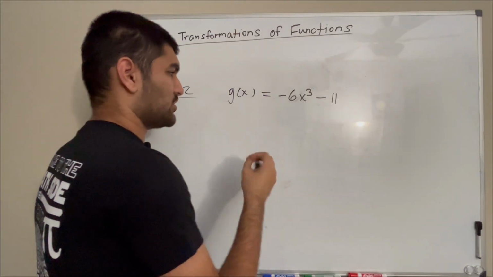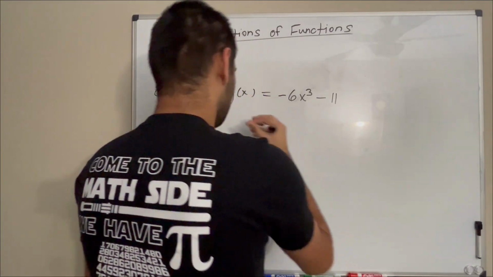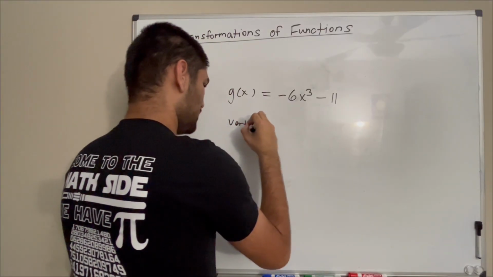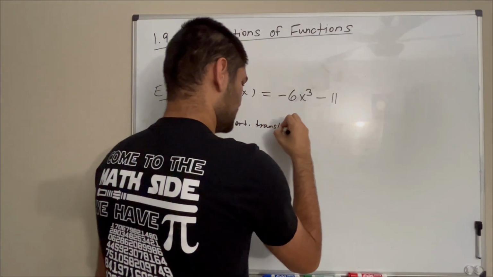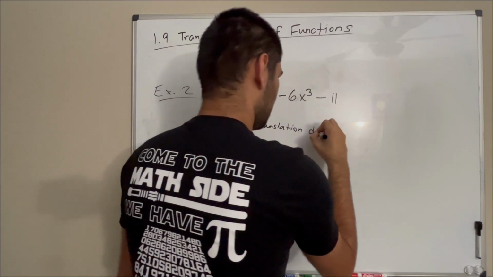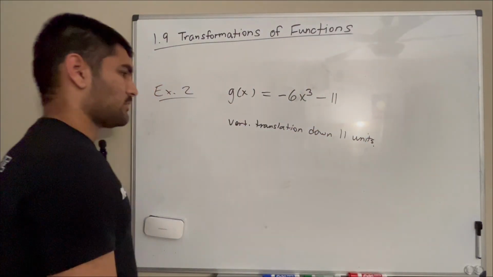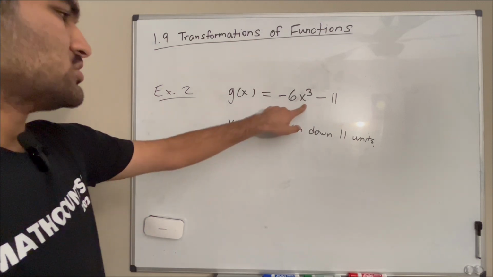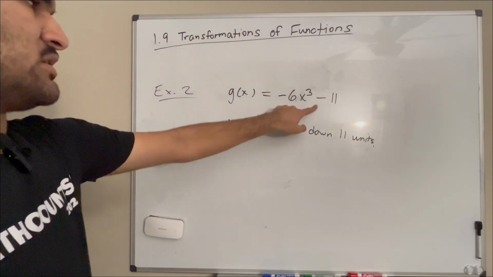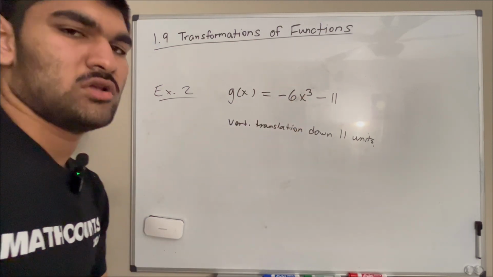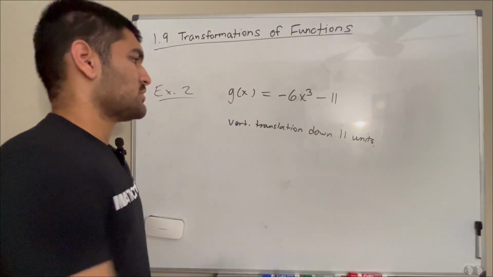Starting with translations, we have a vertical translation, and it's negative, so that means it's down 11 units. Okay. And then horizontal translations, nothing, right? Because we don't have x minus anything inside the power, so there are no horizontal translations.